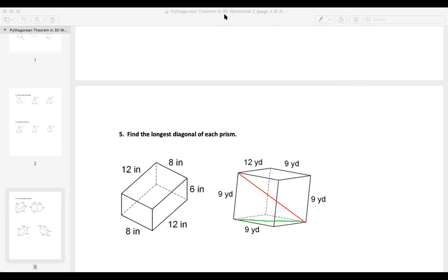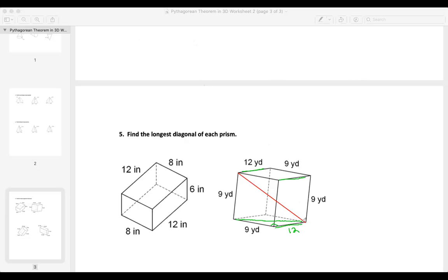Okay, and how are you going to do that? Well, you're going to find the distance of green first. It's hard to see, but in actuality, this right here is a rectangle, 12 and 9. That is a right angle. So that side is 9, this side is 12. Where did I get the 12 from? Because right here, that side would be the same as this side, which would be the same as this side.